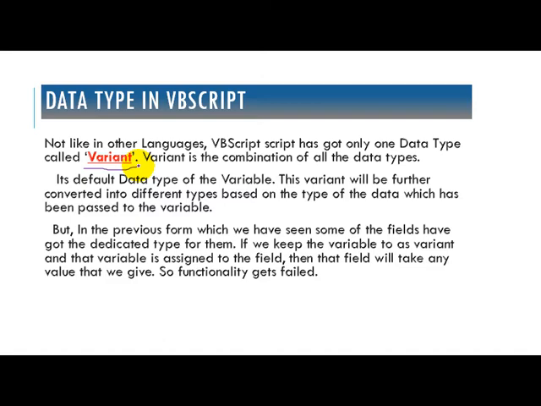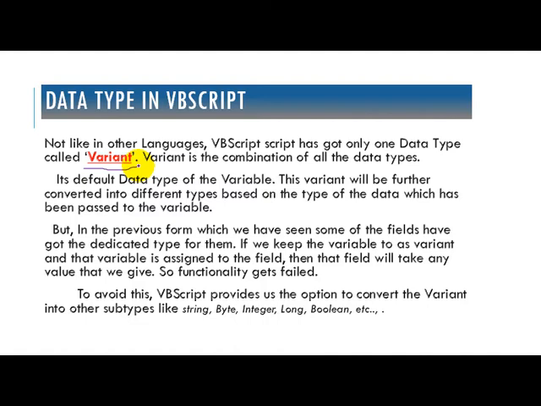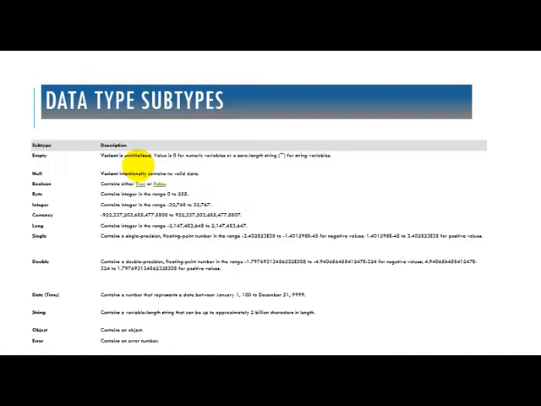You got what I am saying here? So to avoid this, VBScript provides the option to convert the variant into other subtypes like string, byte or any other. Now let's understand some of the subtypes that we have for the variant in VBScript.